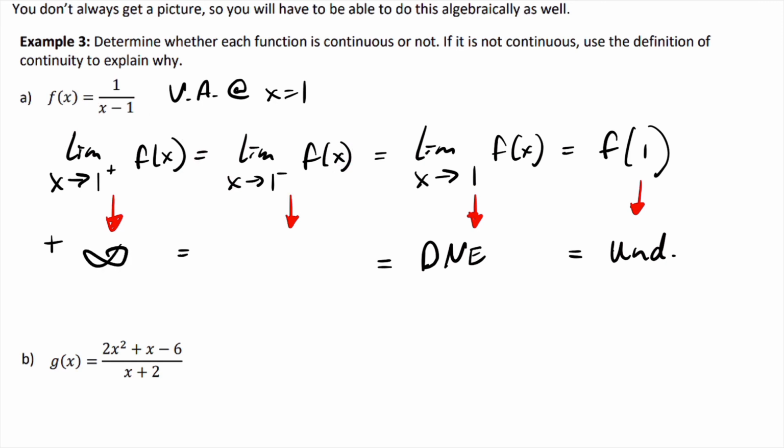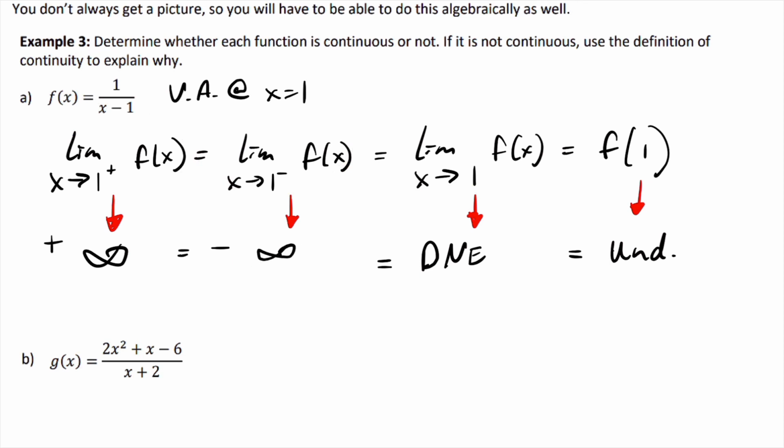What about from the other side? Am I getting positive numbers or negative numbers? If I plug in 0, 0.1, 0.2, up through 0.9, 0.99, 0.999, am I getting positive numbers or negative numbers? Negative. 0.9 minus 1 is negative, right? I'm not going to get to 1, so it's going to be negative infinity.